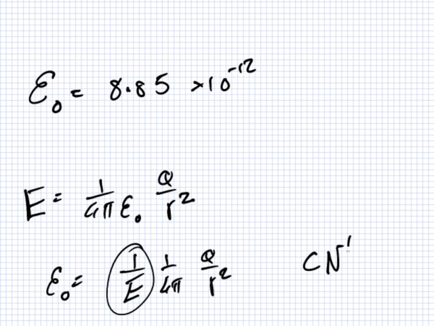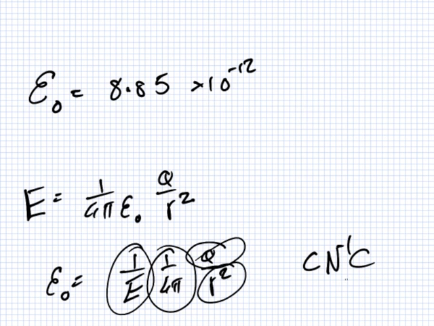Coulombs per Newton. This doesn't have any units. What's the units for Q? Coulombs. And the units for the distance? Meters. So this will be meters to the minus 2. So the unit here is coulombs squared per Newton per meter squared. Now this value is on your calculator. It's constant number 32 on the calculator.